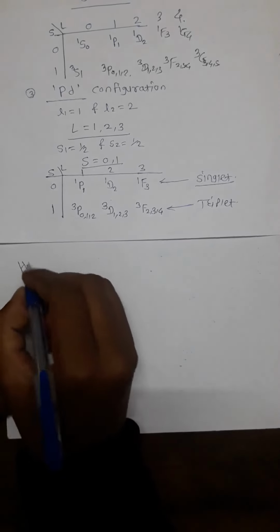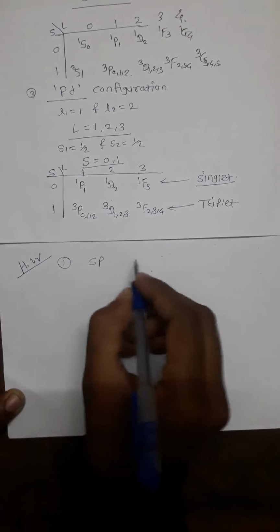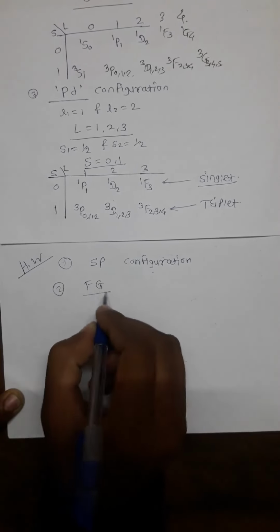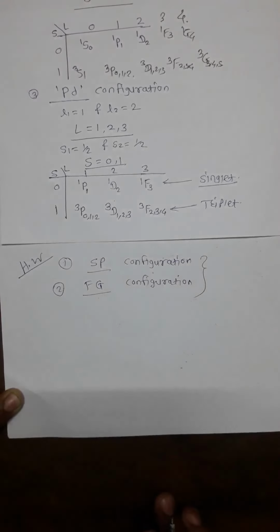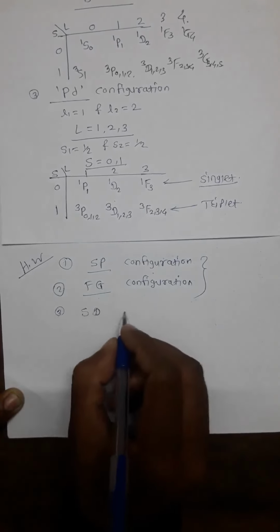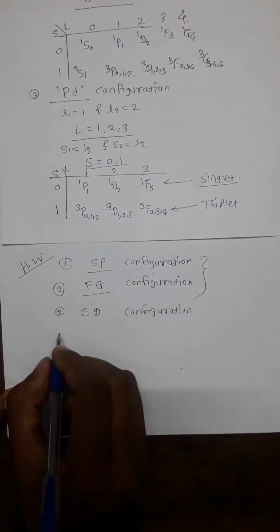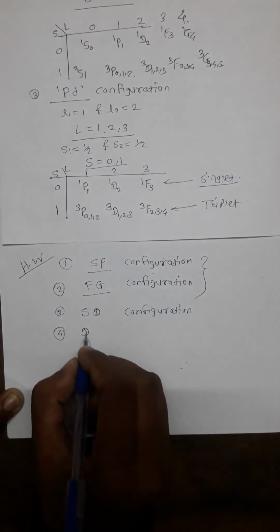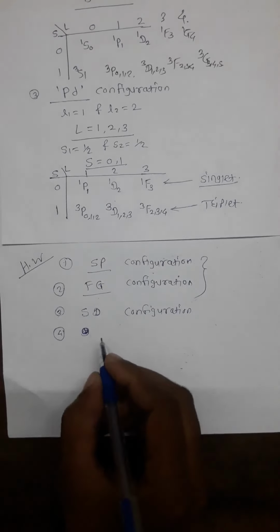Now for homework, you have to find the singlet or triplet state for the sp configuration, the second one is the fg configuration, the third one is the sd configuration, and the fourth one is the dfg configuration.